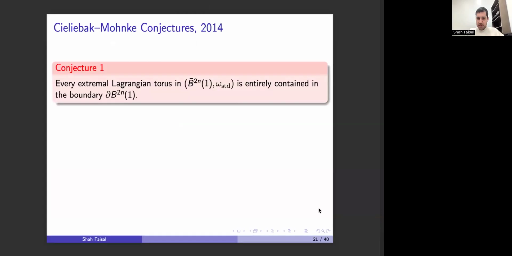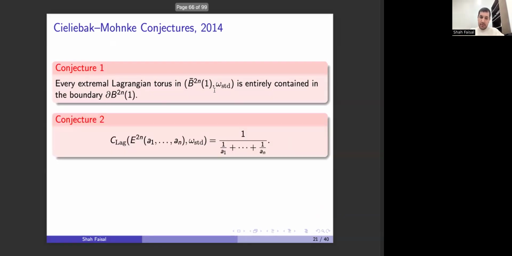There are three conjectures Cieliebak-Mohnke stated in the paper they wrote. It says that every extremal Lagrangian torus in the ball is contained entirely in the boundary, so it cannot hit the interior. And the Lagrangian capacity of the 2n-dimensional ellipsoid I wrote down above is exactly equal to the diagonal of the ellipsoid.